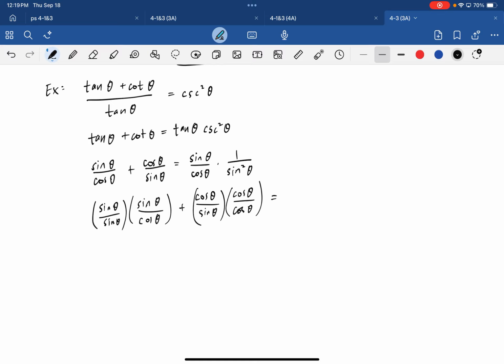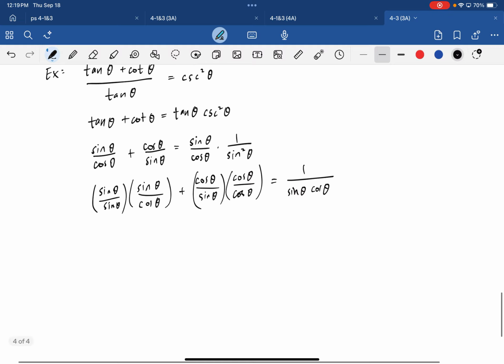And then the right side simplifies to 1 over sine theta cosine theta. And then the left side simplifies to sine squared theta plus cosine squared theta over sine theta cosine theta. And we're done.